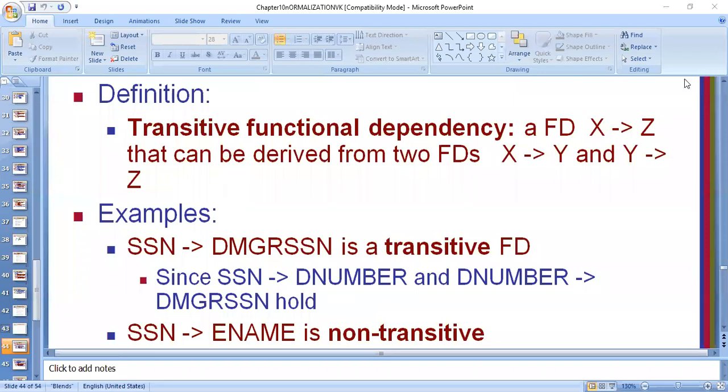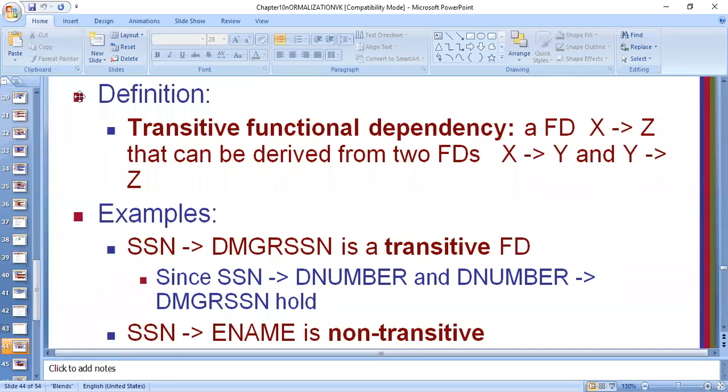So now let us look at one more example definition, which is transitive functional dependency. We have seen three examples related to functional dependency: normal functional dependency, then full functional dependency, and now transitive functional dependency.